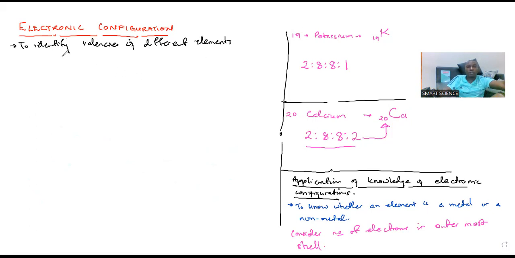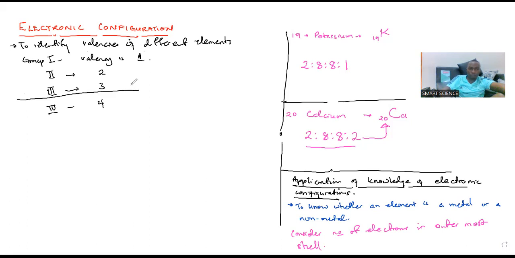These valences are going to depend on the groups. If you belong to group 1, that means your valence is 1. Group 2, valence is 2. Group 3, valence is 3. Group 4, valence is 4.